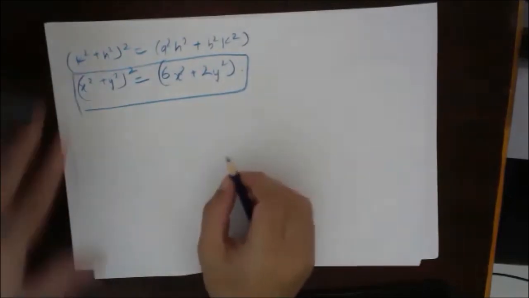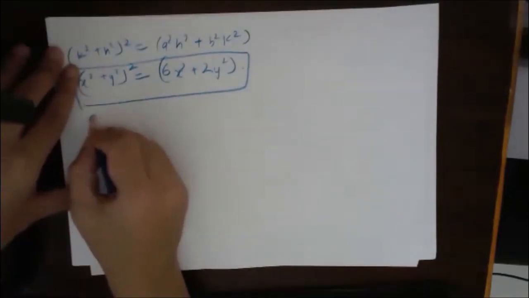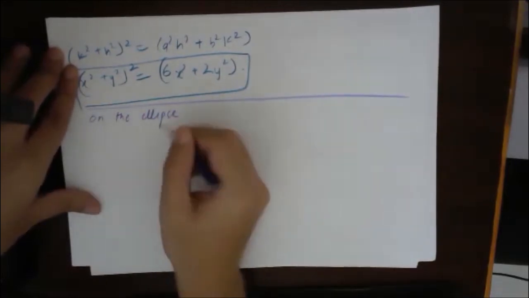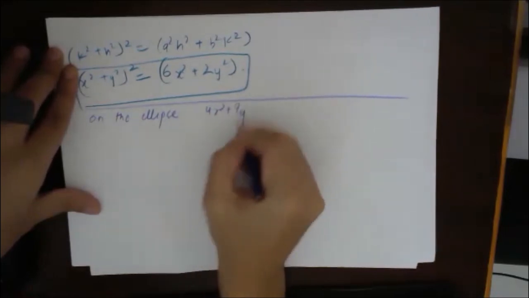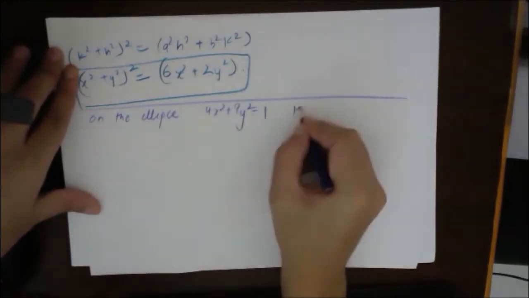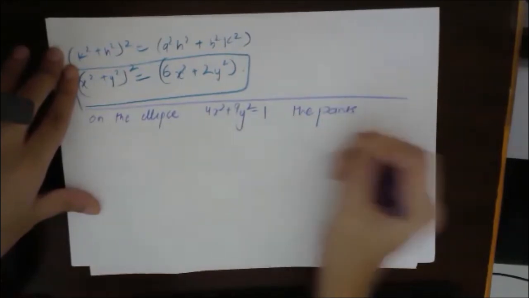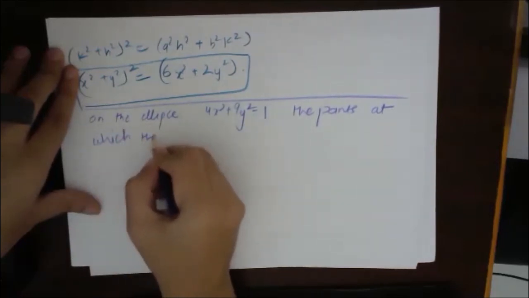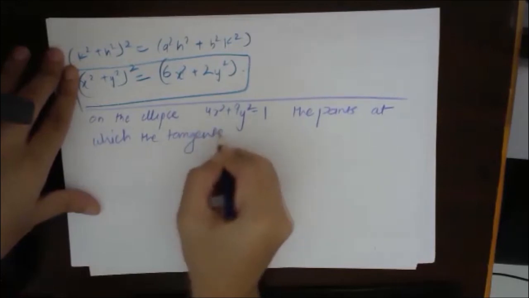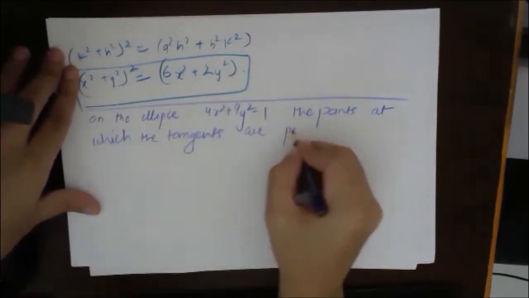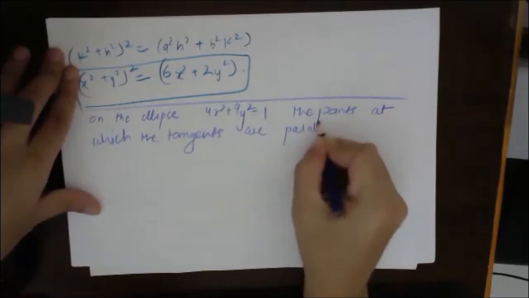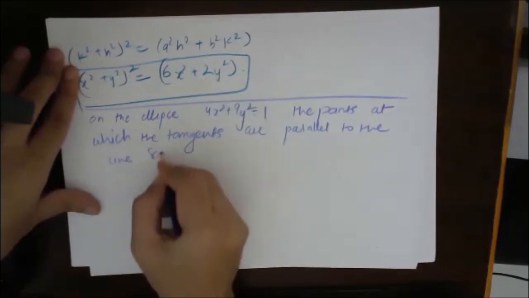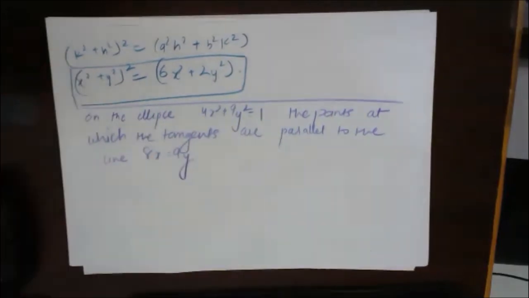The question is: on the ellipse 4x square plus 9y square equals 1, find the points at which the tangents are parallel to the line 8x equals 9y.